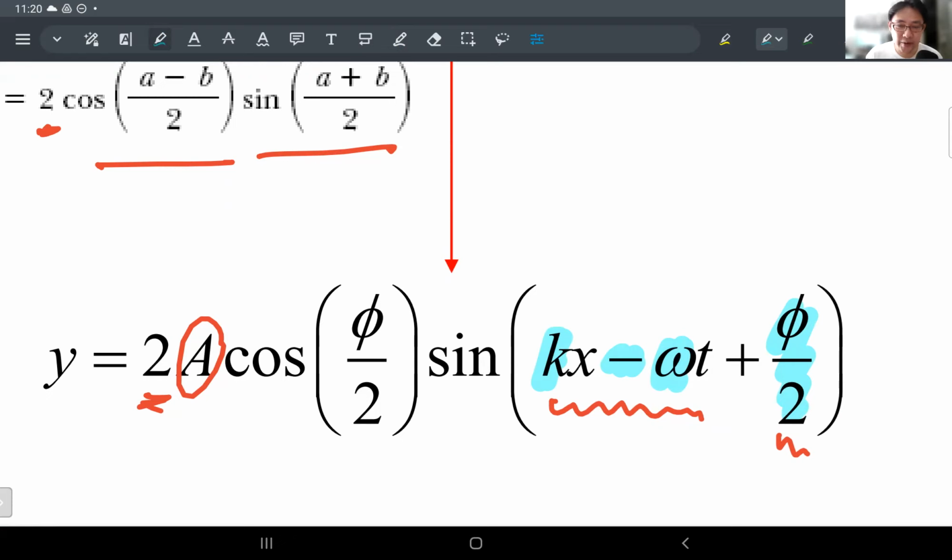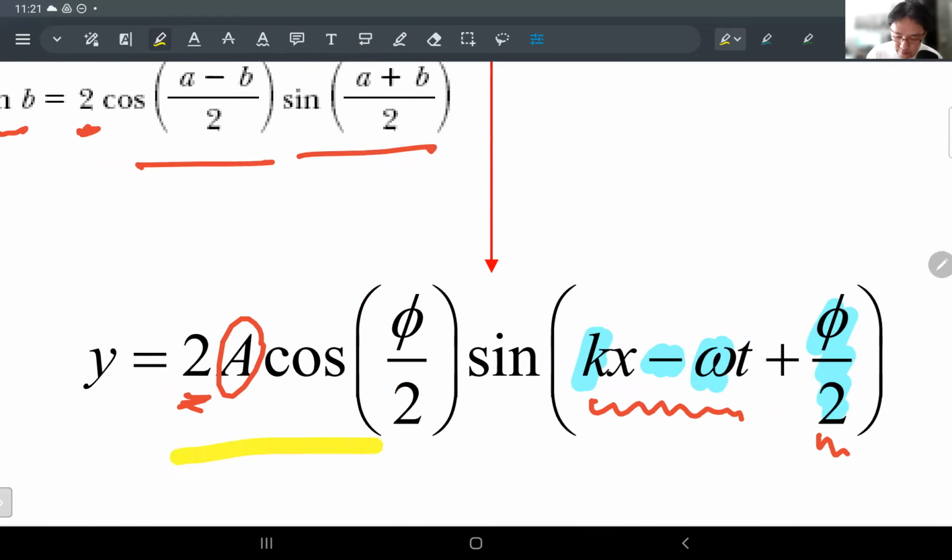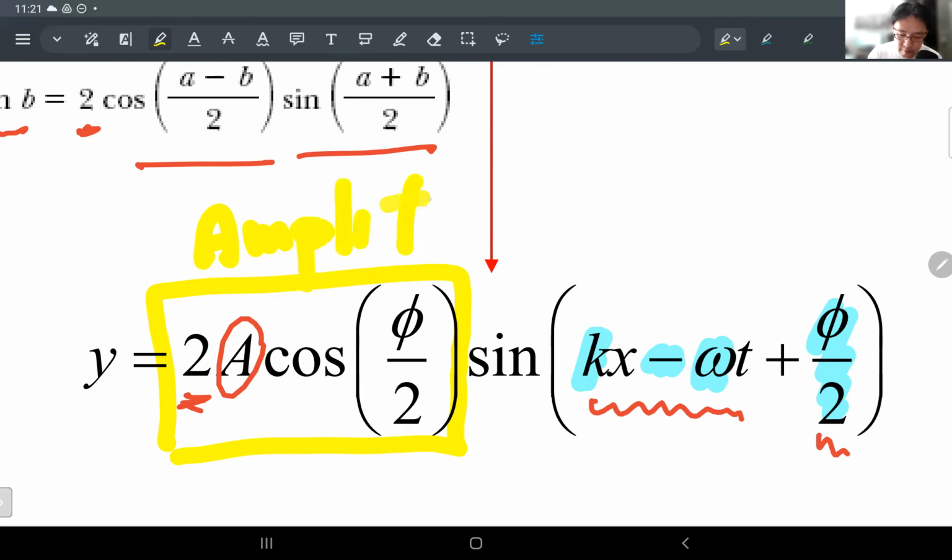I see an equation. The only thing that is different now is the factor in the front. It just looks complicated, but it is nothing more than, I will call it, another amplitude. This is amplitude, just the new amplitude.